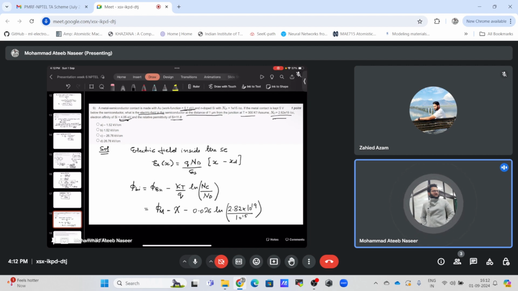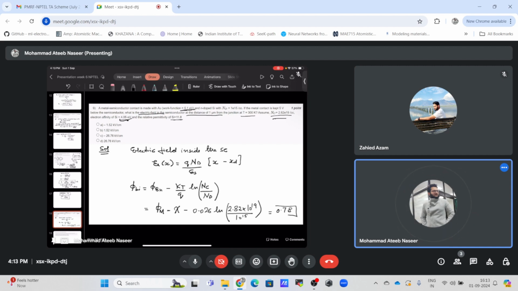It will be ln of 2.82 into 10 to the power of 4, times 0.026, which comes out to be 0.266. Then 5.1 minus 4.05 minus 0.266 is 0.78. So the built-in potential is 0.78 simply.